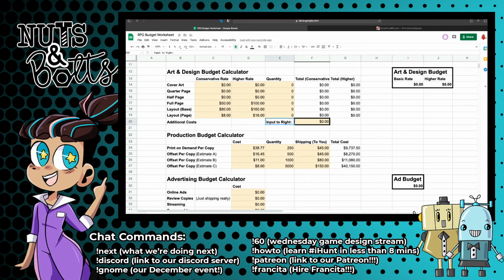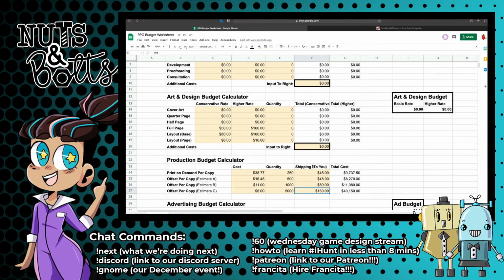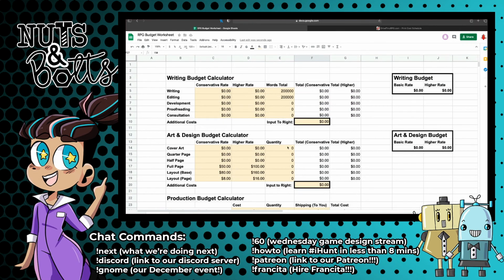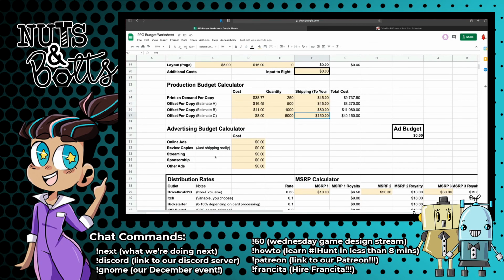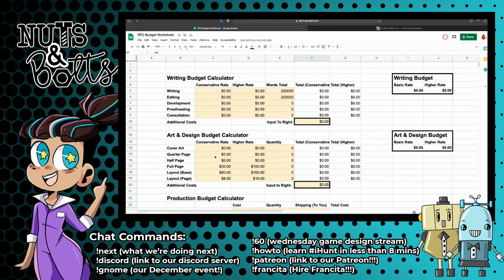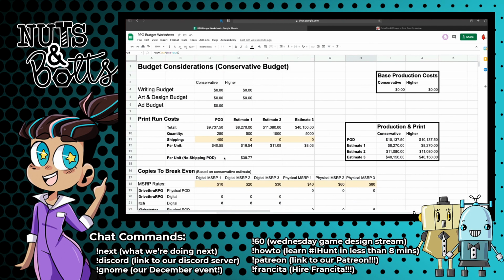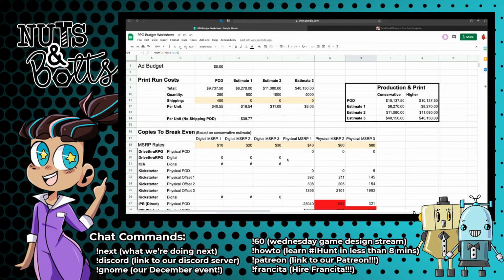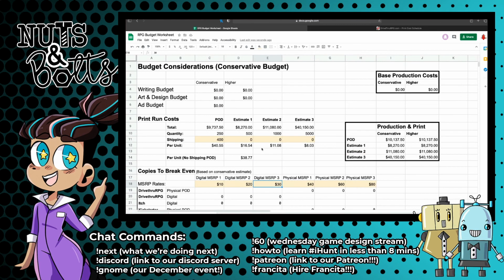We can't fake the offset printing and the POD printing rates. Those are there regardless. So we can't fix these. But we did shave off all of this rate for the hypothetical. And now we know, if we go into our conservative budget sheet, that we are selling for $40, $60, or $80, or $10, $20, $30 in digital. And we know that shipping is already included in the prices of these.